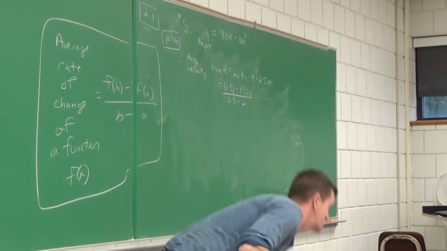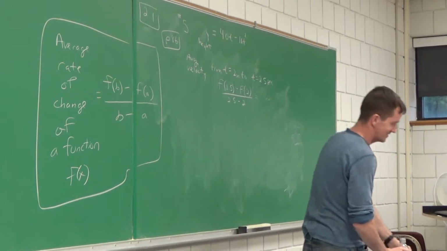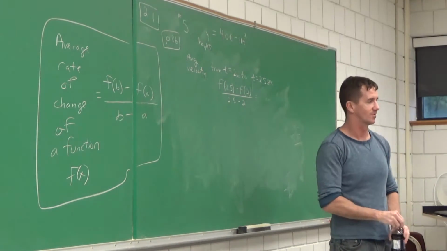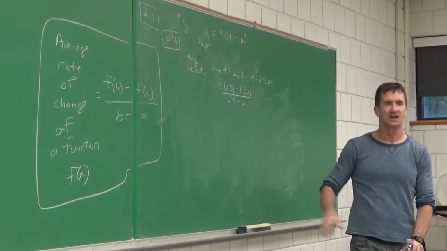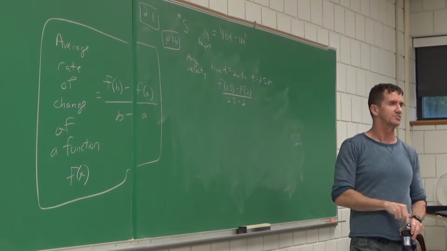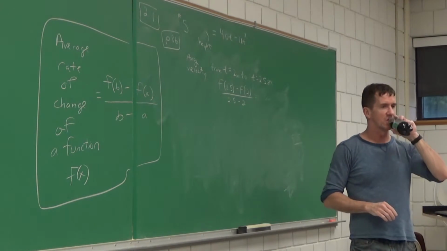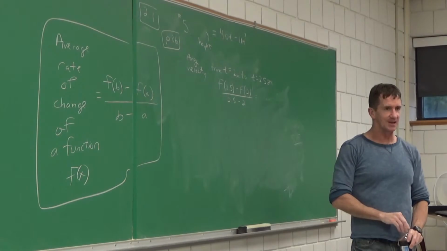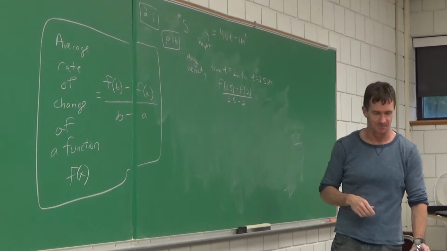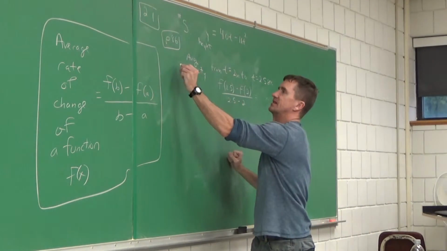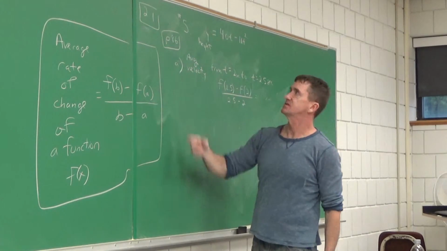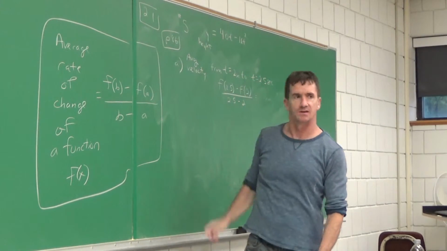So if somebody else could double check that, that would be great. If we don't get the same answers, then we'll look at the calculators or how you computed it. These are some weird decimals, so you probably want to use technology on this problem, because there's a part B and it leads to something. So this was letter A: find the average velocity, this average rate of change in position with respect to time.